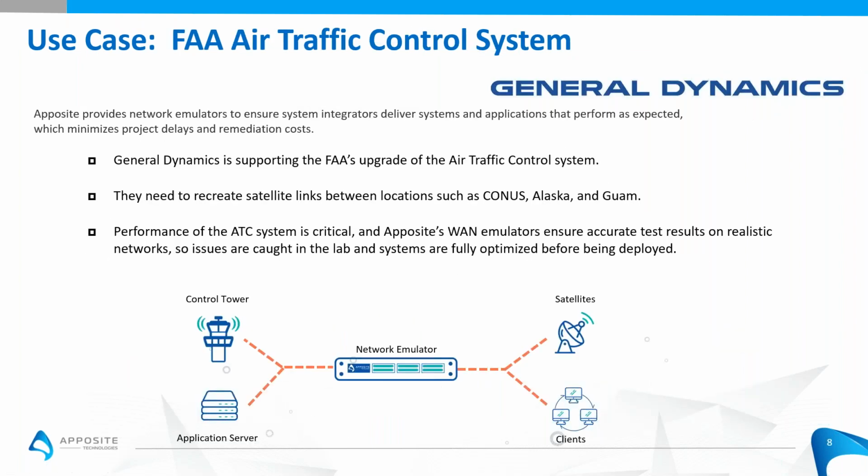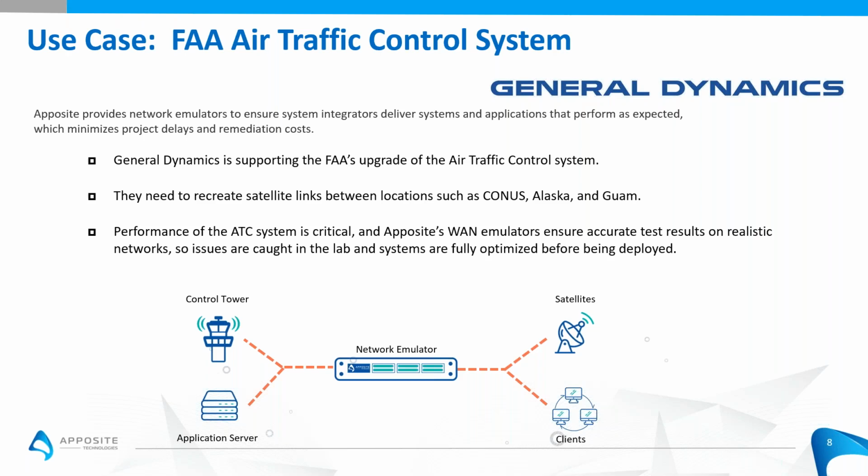Our next use case is the aircraft control system. Again, this uses a lot of satellite links, from your control towers to the application servers and the clients. They all tie together to create a central system. So you have many different types of connections coming in, some reports coming from satellite readings, others from LAN and WAN readings.